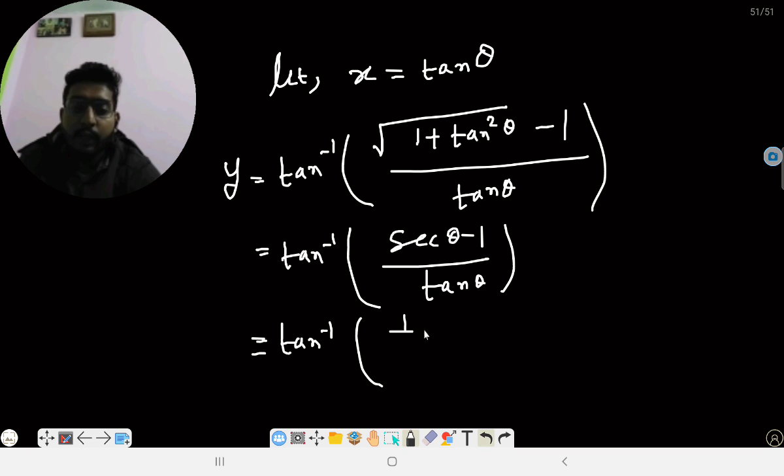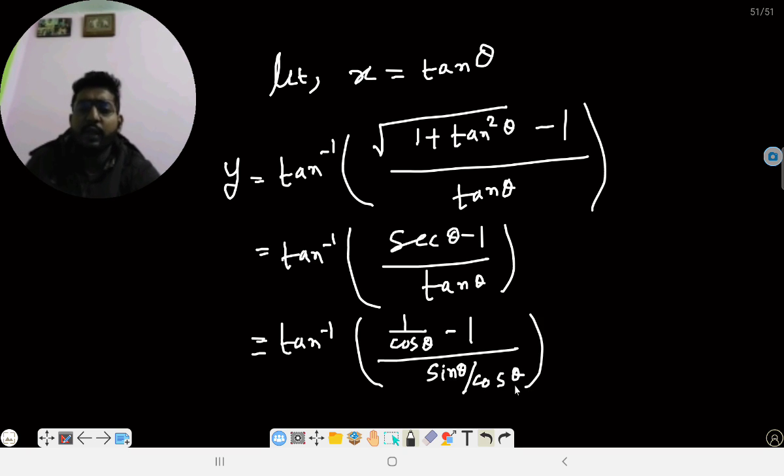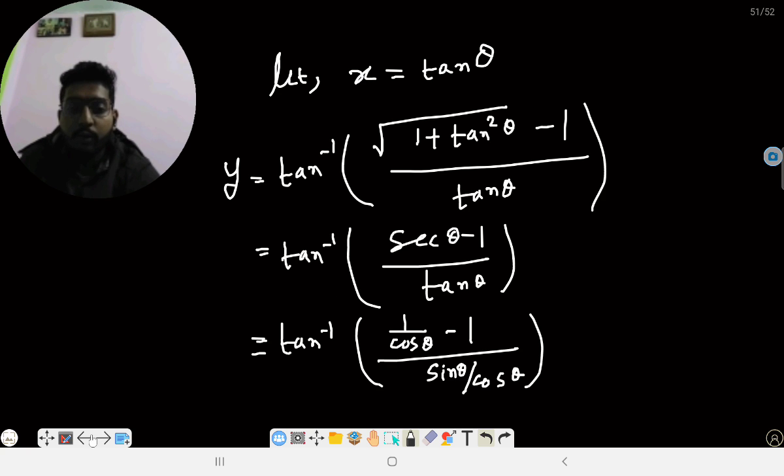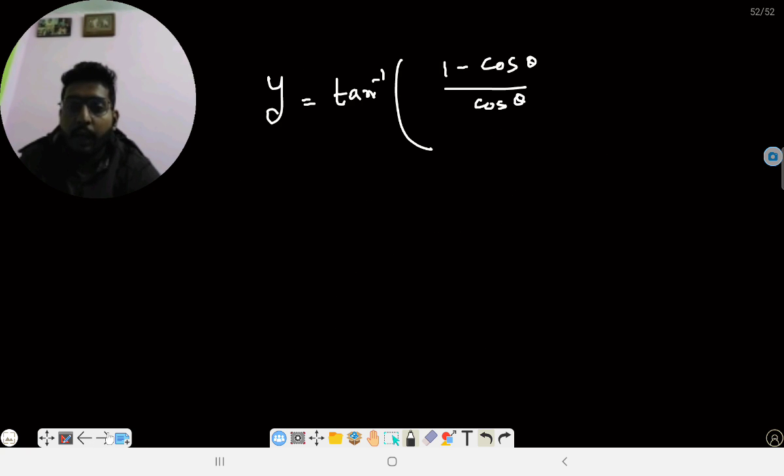So sec theta can be written as 1 by cos theta, minus 1, and tan theta can be written as sine theta by cos theta. Now do the LCM and simplify this one. y equals tan inverse of (1 minus cos theta) by cos theta, divided by sine theta by cos theta.